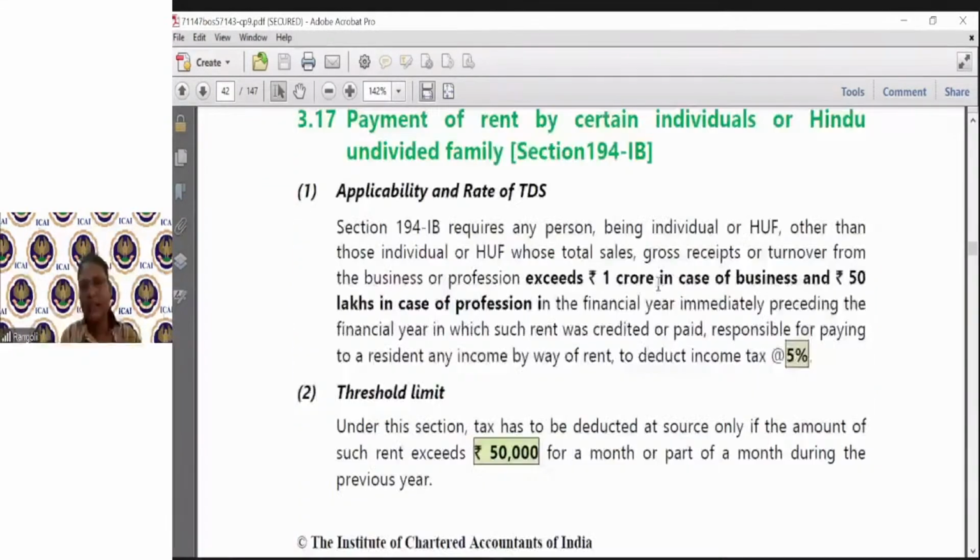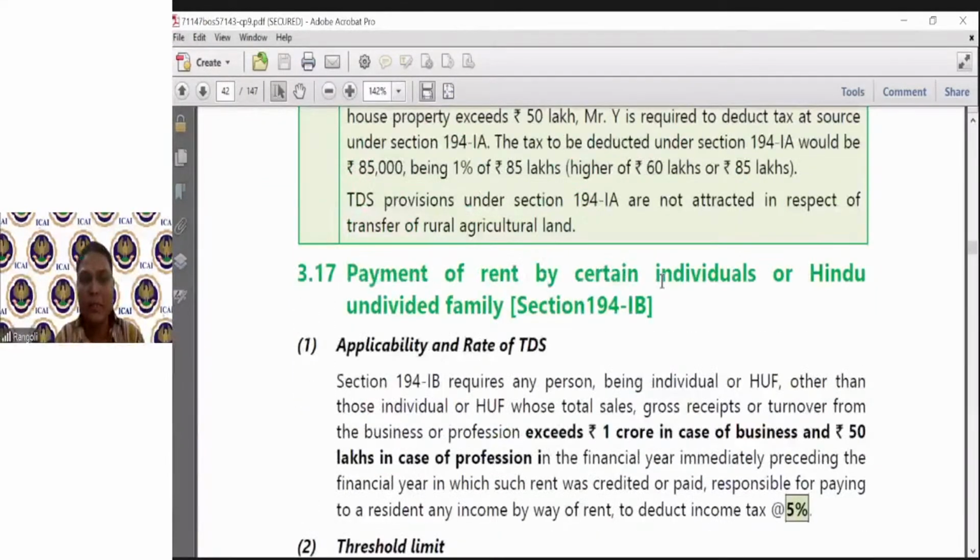Okay, so now let us discuss section 194IB, that is payment of rent by certain individuals or Hindu undivided family. Now, my dear friend, up till now we have discussed provisions like 194C, 194I, that is rent. In case of rent, the relaxation is given to individuals and HUF, right?